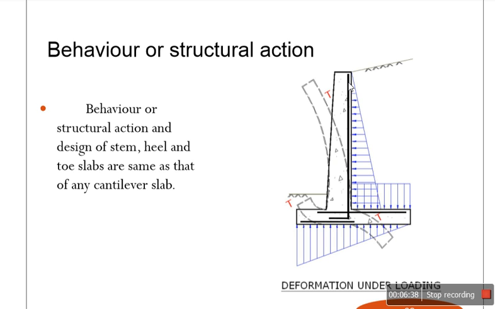So these lines show you the best way of providing the steel, so that all the tension forces are resisted by it. You can treat this as a cantilever slab kind of a thing.